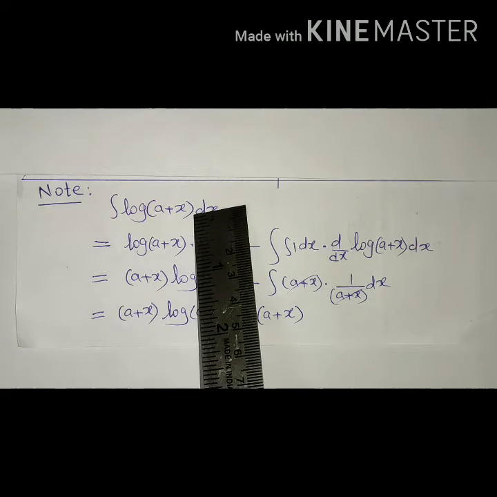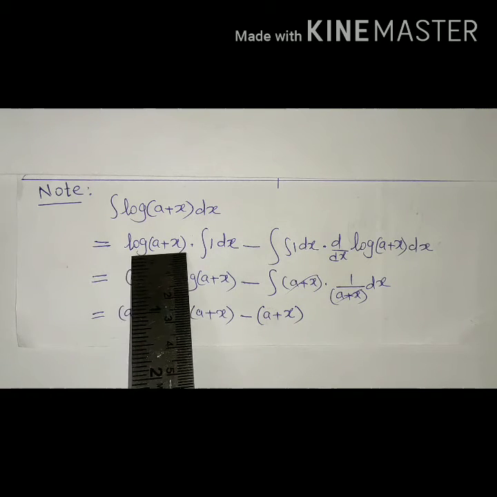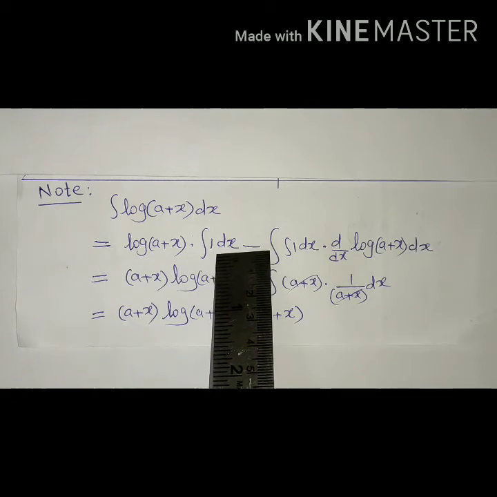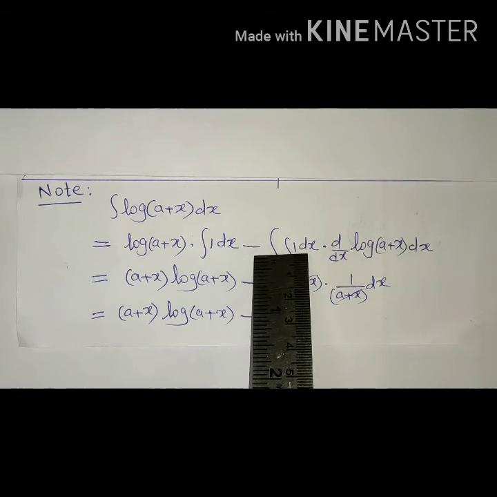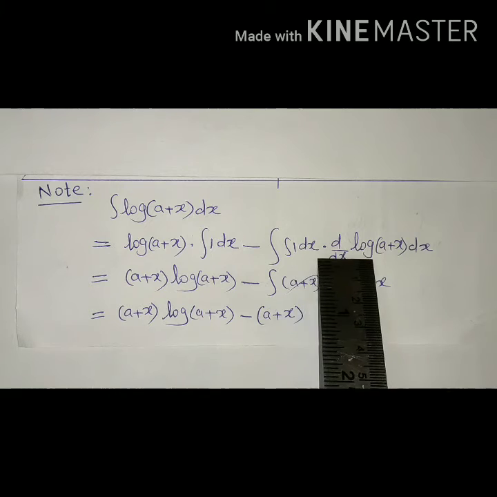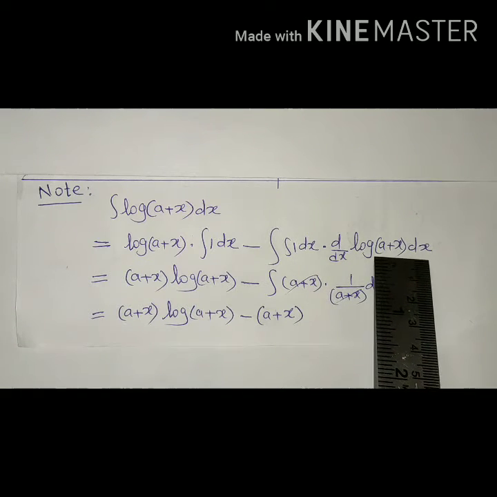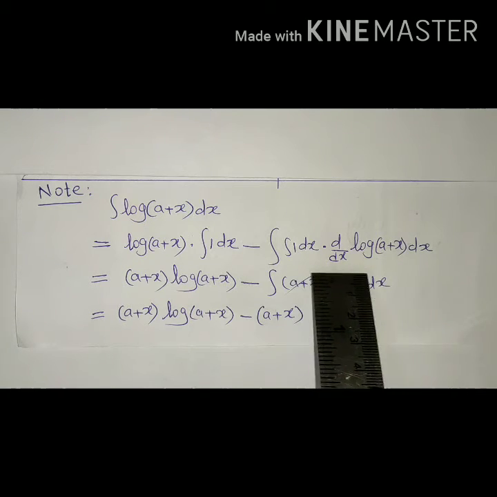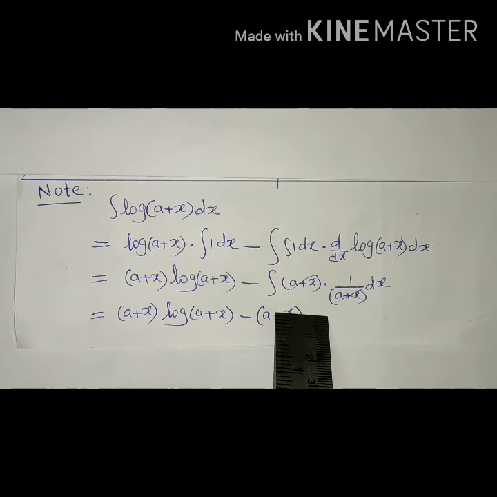So assume that we are multiplying here by 1. So what will happen? The first function we keep as it is, multiplied by integration of second function, which is 1, minus integration of the second function into derivative of the first function. Now we all know that here the derivative and this particular integration get cancelled, and that is our requirement.